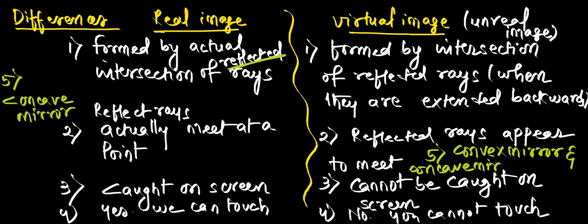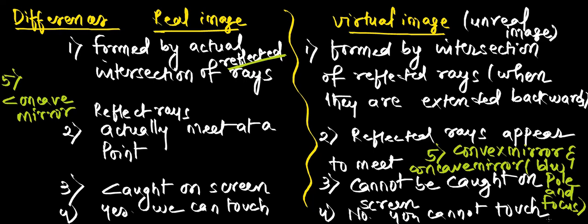A concave mirror will form a virtual image only when the object is between pole and focus, between F and P. If this is already completed in your school, you will get an idea of this. If not, I'll tell you in coming classes what is pole, what is focus, what is object between pole and focus.